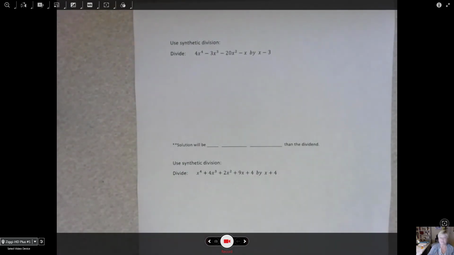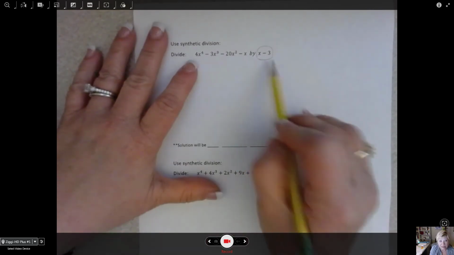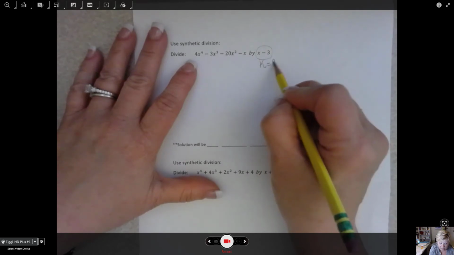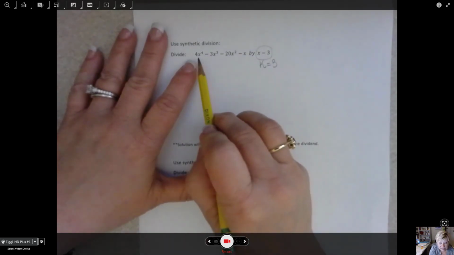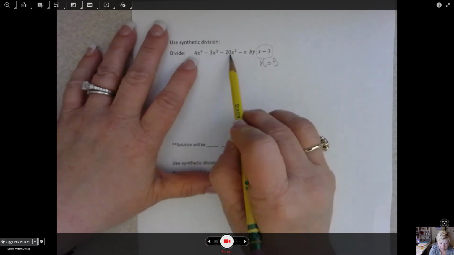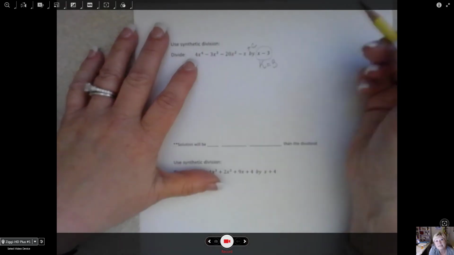So let's use synthetic division. We're going to do a couple. We have x minus k form. So our k here would be 3. And do we have any missing terms? We've got x to the 4th, x cubed, x squared, x to the 1st, but our constant is missing, isn't it?